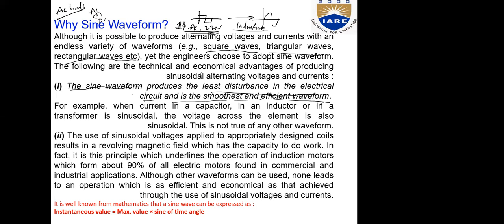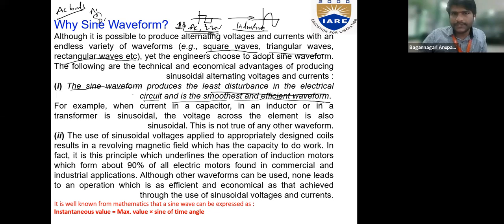Even if I give a square wave, since you have sharp edges, the output waveform of current will not be the same. If I give a sinusoidal waveform, sooner or later the output current will also follow the same wave. But if I feed a rectangular or square waveform to an inductive load, it will not follow the same.